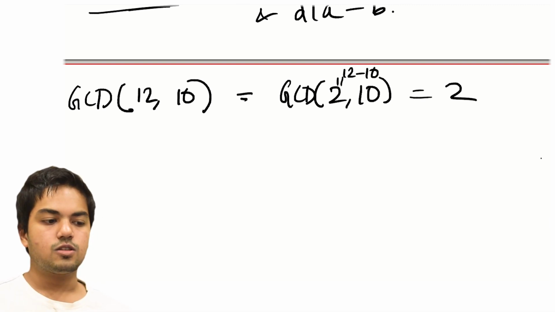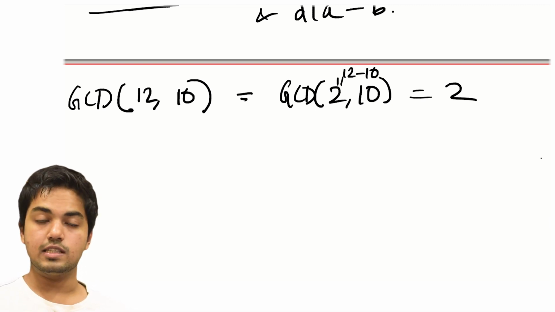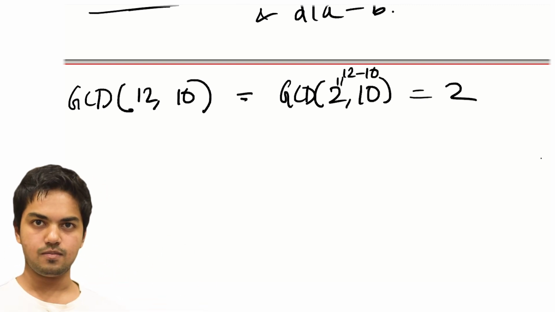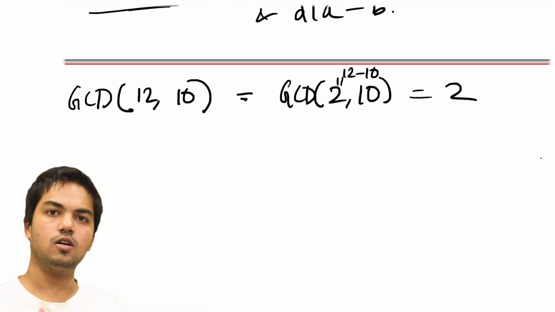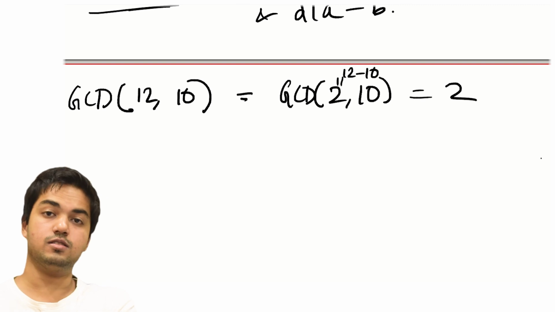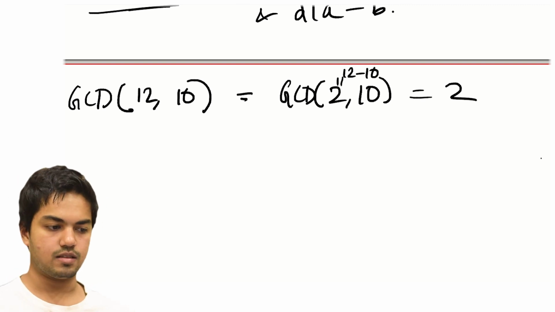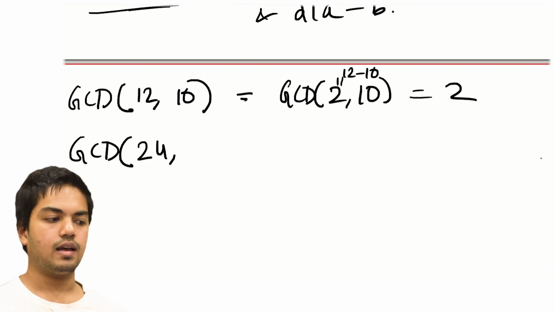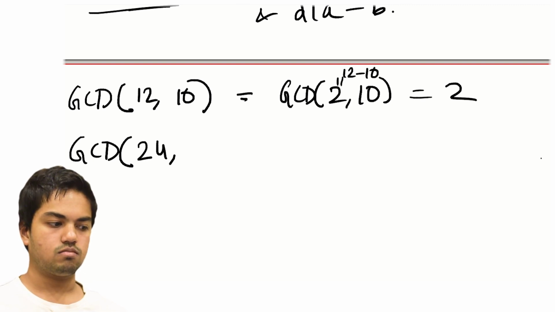We can use this to our advantage. Whenever you want to calculate the GCD of two large numbers, you can keep performing this subtraction thing until your numbers are too small or it's obvious what the GCD is. We can take a different example. GCD of 24 and 13.